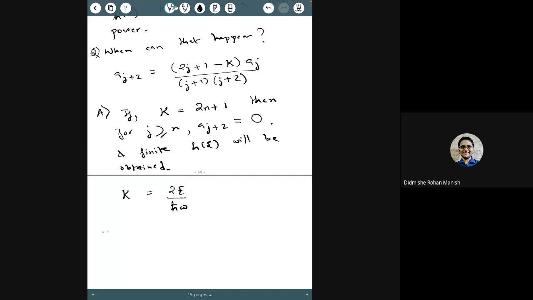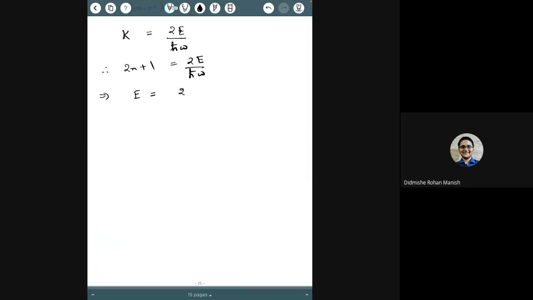Therefore, this means that if k has to be 2n plus 1, then E has to be (2n plus 1) by 2 times h cross omega, equal to n plus half.